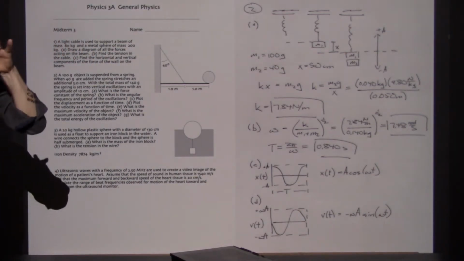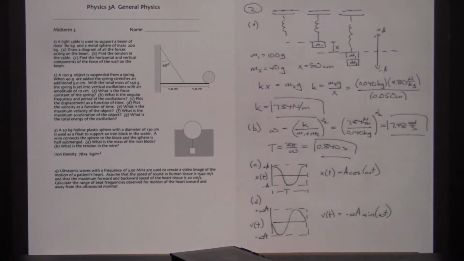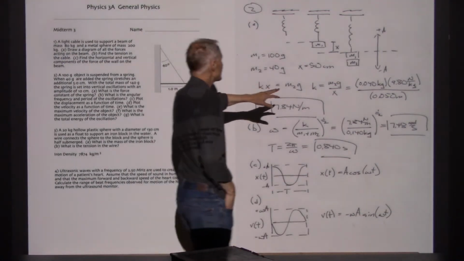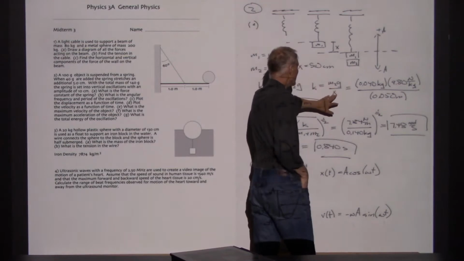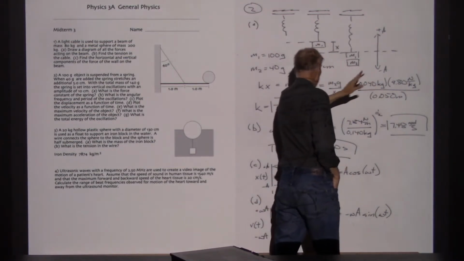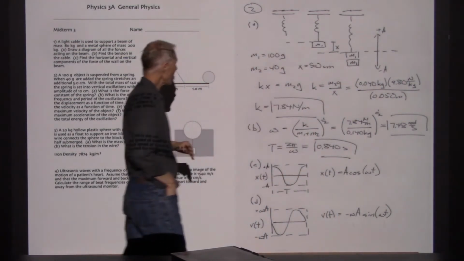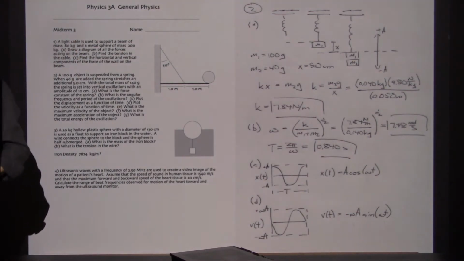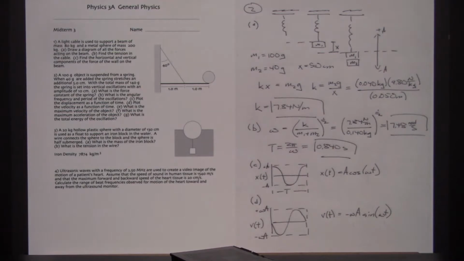In class, we broke this down into some smaller steps, but I'm just going to go ahead and say additional force will set up an additional stretch in the spring, and I can use that to calculate k. So I put in just m2, divided through by the 5 centimeters, converted to meters, and I got a k value for the spring that I calculated at 7.84 newtons per meter.